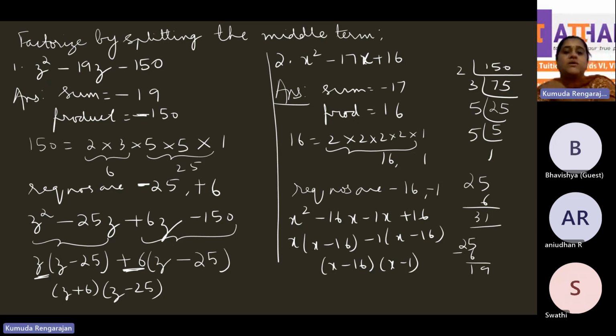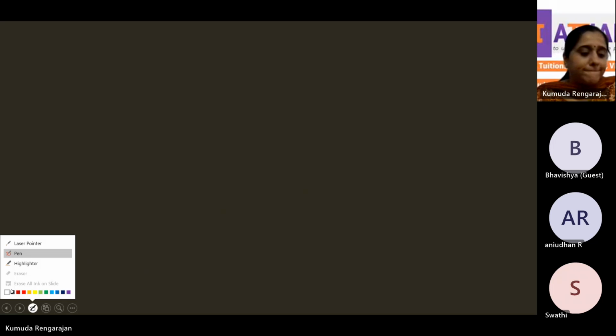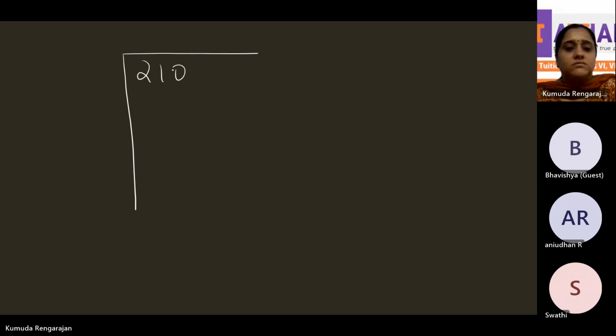All right. Now we'll see how to find the square root of a perfect square first. So let's learn how to find the square root of this number.